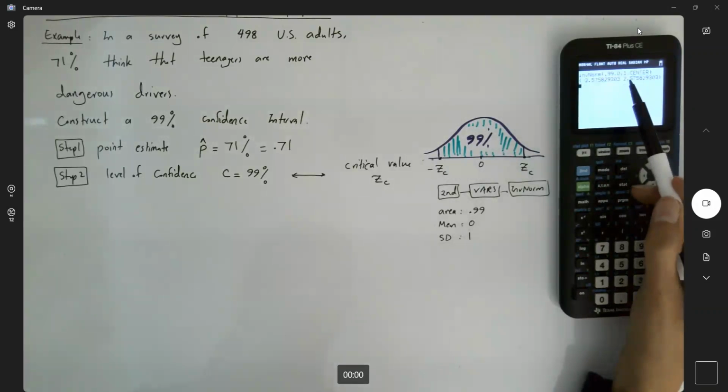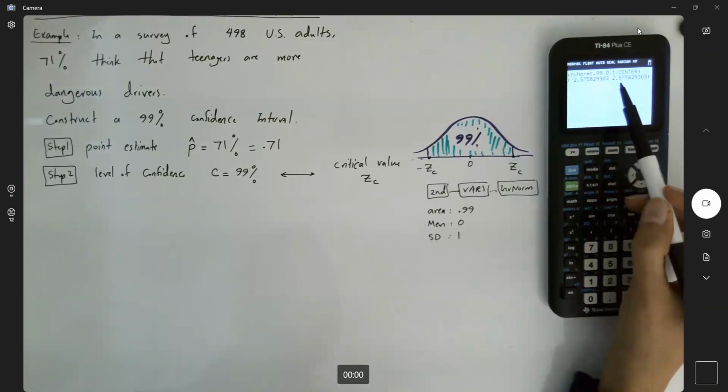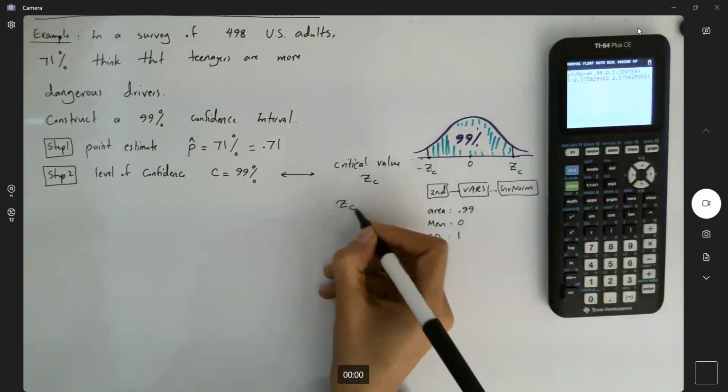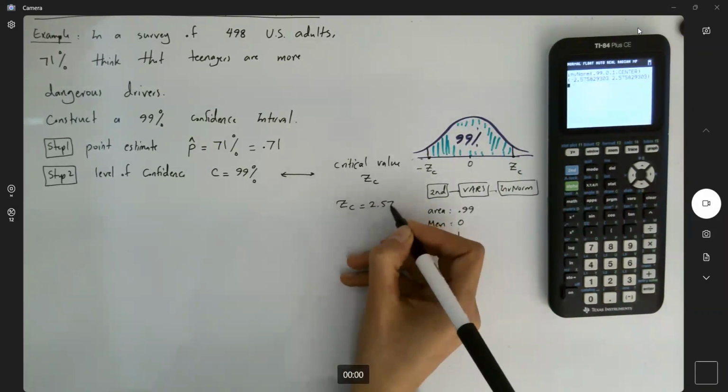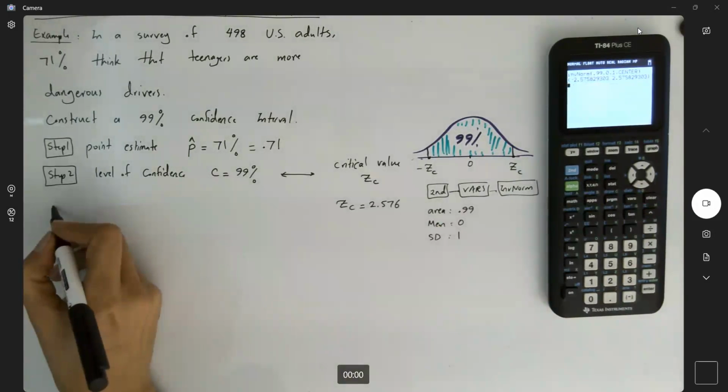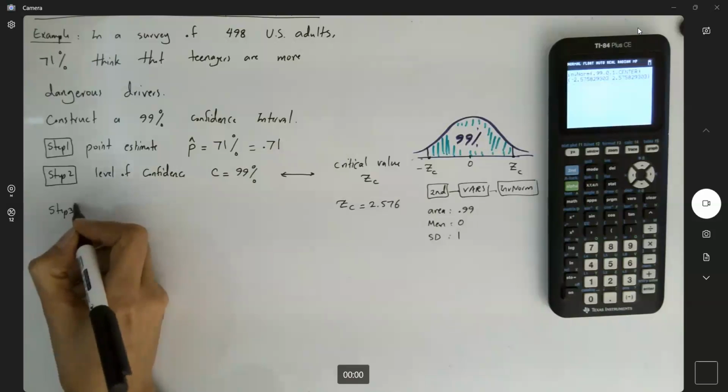The critical value is 2.576. So ZC is 2.576. Now I'm allowed to go to the next step, step 3.